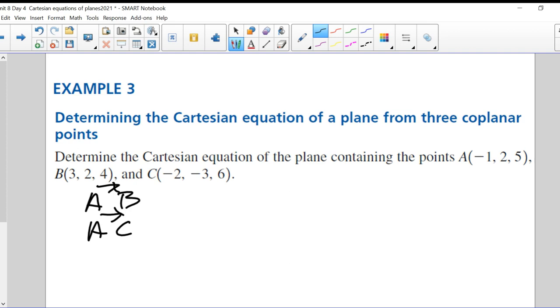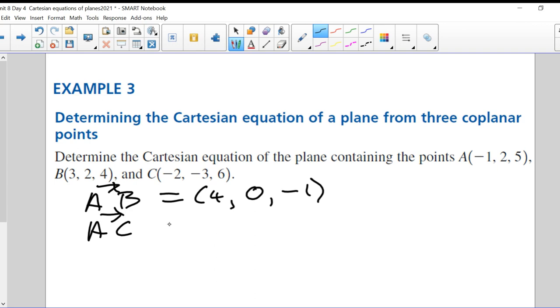And let's see now, my AB vector should be, let's see if I can get this right now, equal to 4, 0, minus 1. I'll double check that. So that's A to B. So that's 3 minus 1, 2 minus 2 is 0, 4 minus 5 is minus 1.